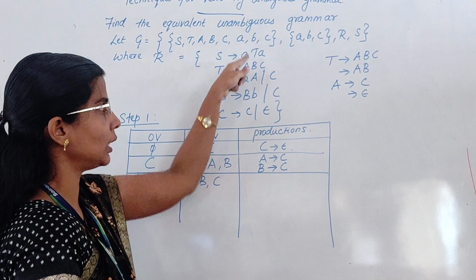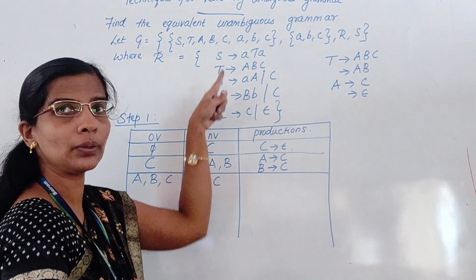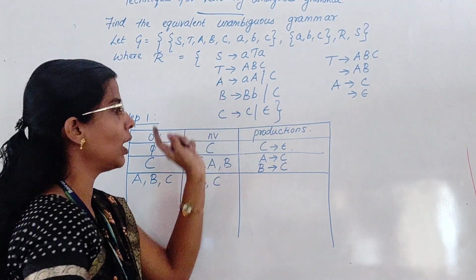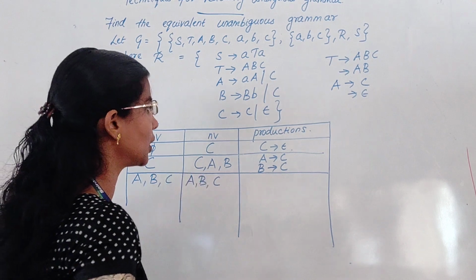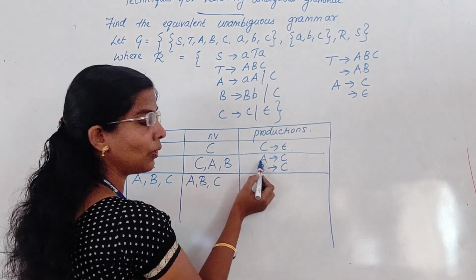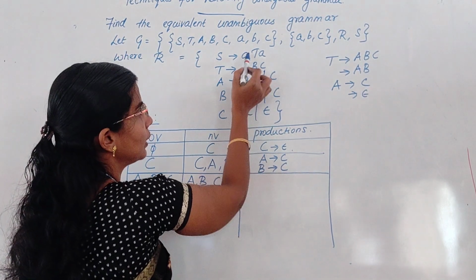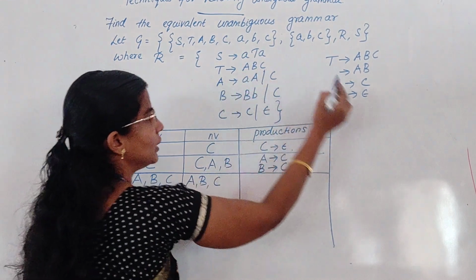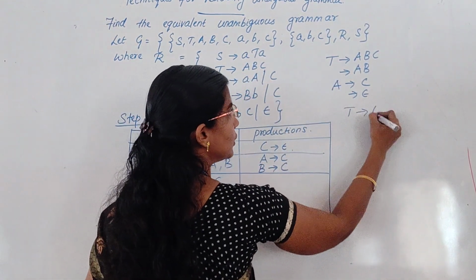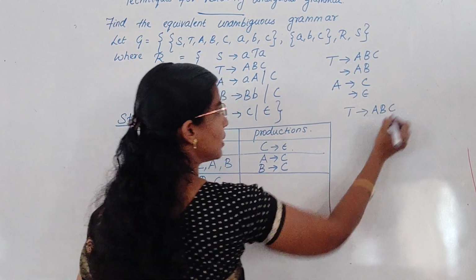Substitute these productions in the other productions and check whether you are getting only epsilon in RHS. So check for the variable A. Here I have T tends to ABC.